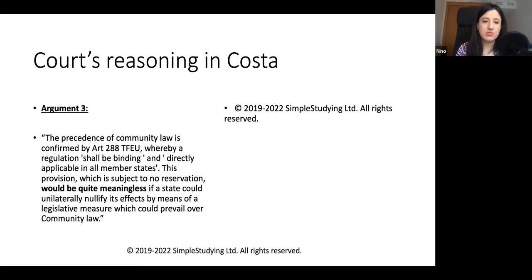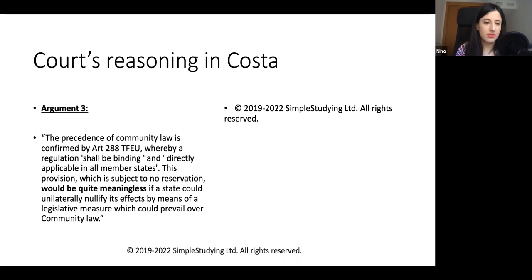The precedence of community law is confirmed by Article 288, whereby a regulation shall be binding and directly applicable in all member states, which basically means that even if regulations are not passed into national legislation by national statutes, Article 288 says they will be directly applicable.